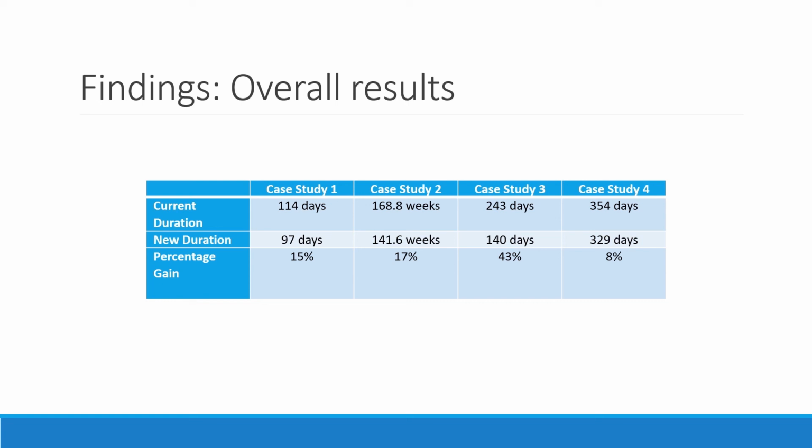The improvements suggested to each case study led to reductions in duration, percentage gains, cash flow improvements, as well as new tasks being added to optimize the current process, which also resulted in through-life value creation for each project.